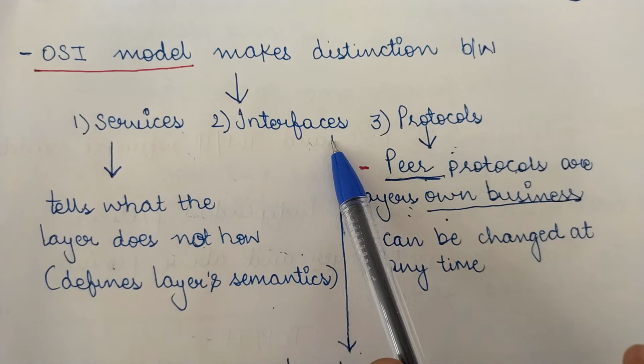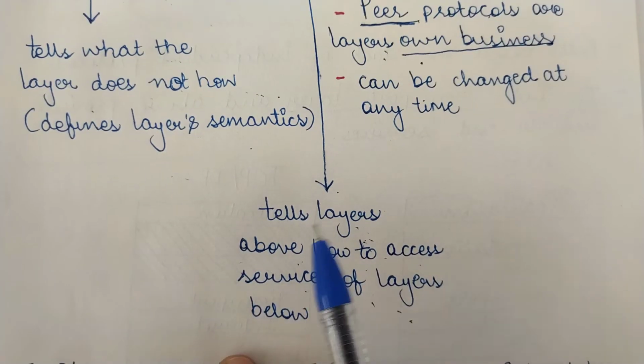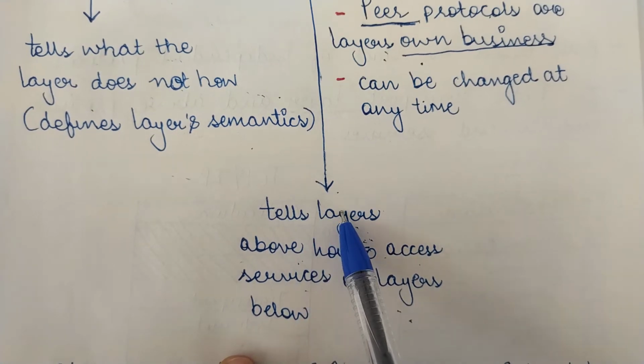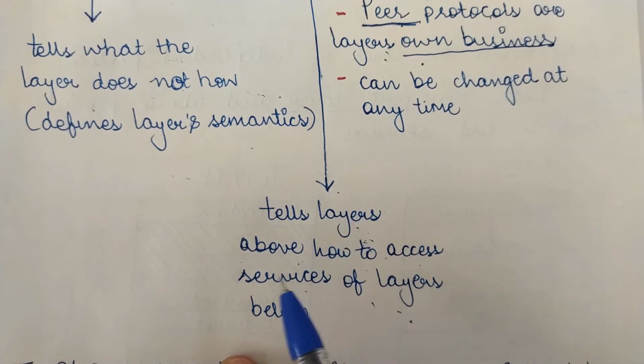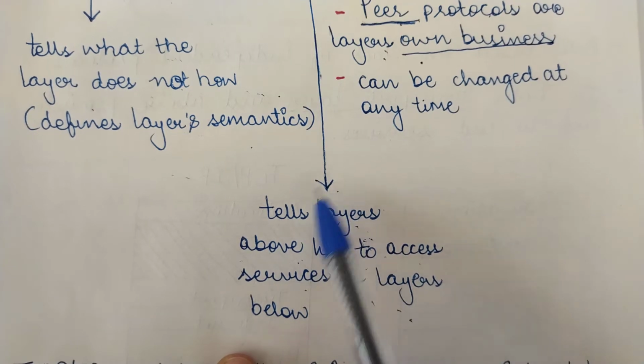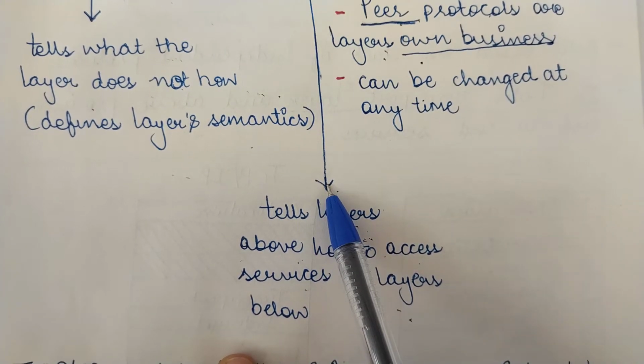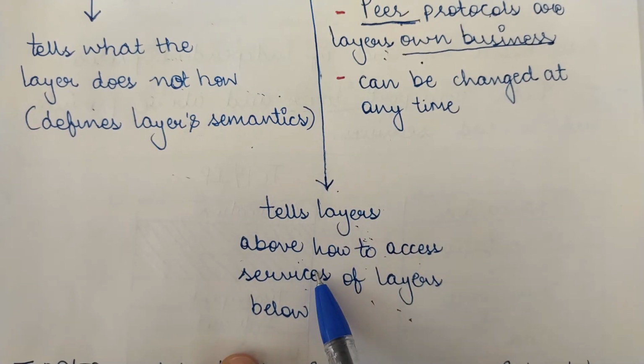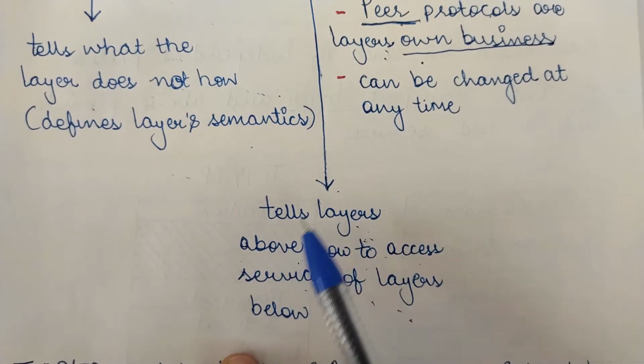Now if I talk of the interfaces, an interface is a means of communication between two layers in which the layer above sends the data and control information and the layer below sends the services to the layer above it.